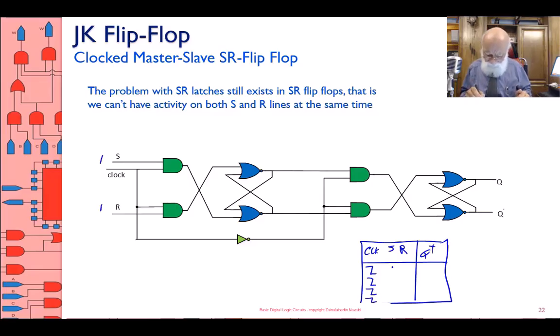If SR is 0, 0, Q plus doesn't change. 0, 1, it resets it always to 0. 1, 0, it sets it always to 1. And then that's the situation that we have to avoid, which is 1, 1 that loses the memory, and that's not a good thing.